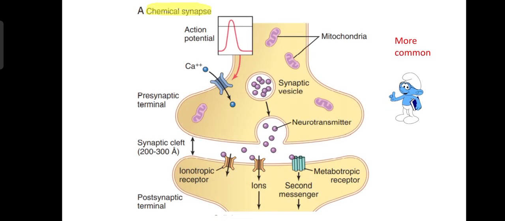A more common type of synapse is called the chemical synapse, in which there is a gap, a synaptic cleft, between two neurons. The first one we call the presynaptic neuron, and the second we call the postsynaptic neuron.